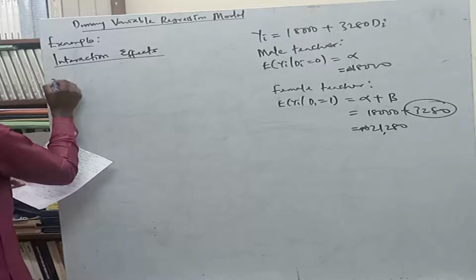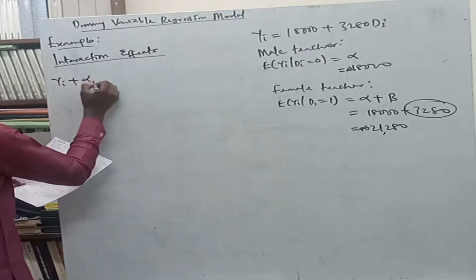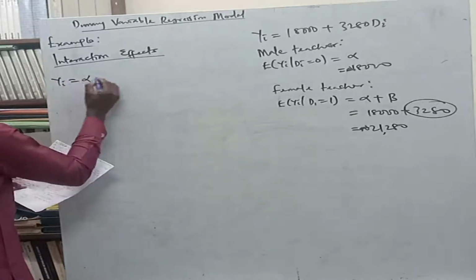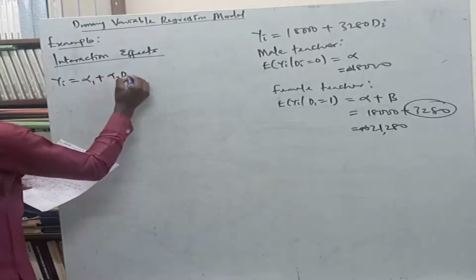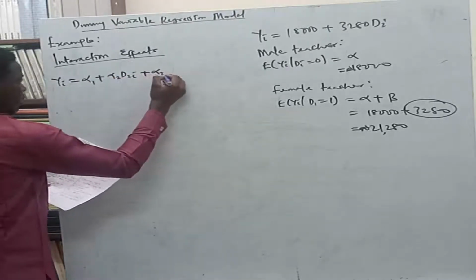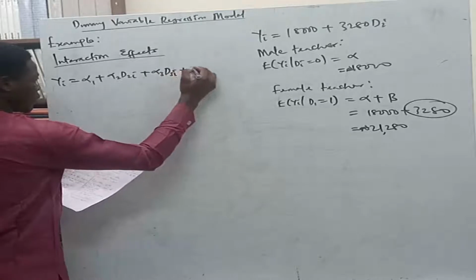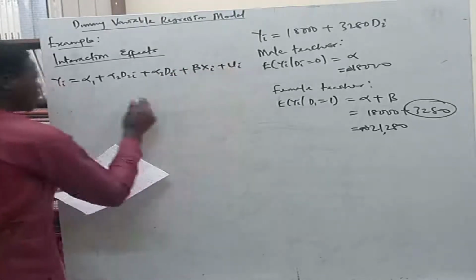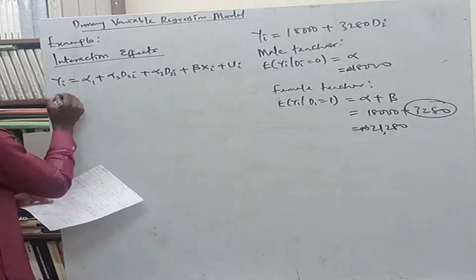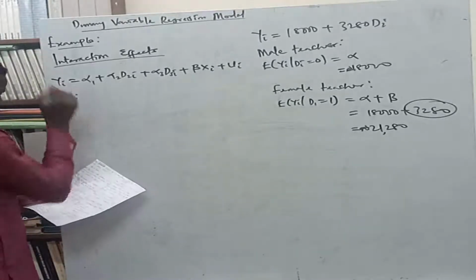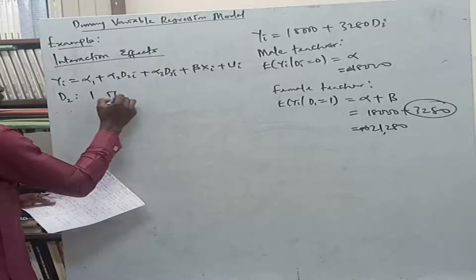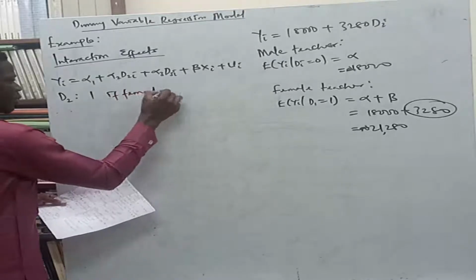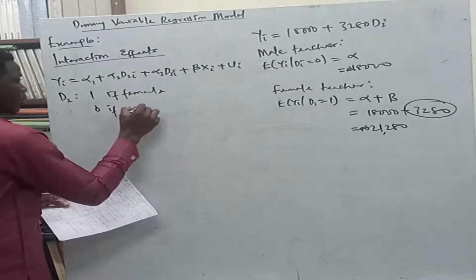So I have Y_i equals alpha 1 plus alpha 2 D2_i plus alpha 3 D3_i plus beta X_i plus u_i. Let's define our dummy variables. D2 is for sex, 1 if female, 0 if male.